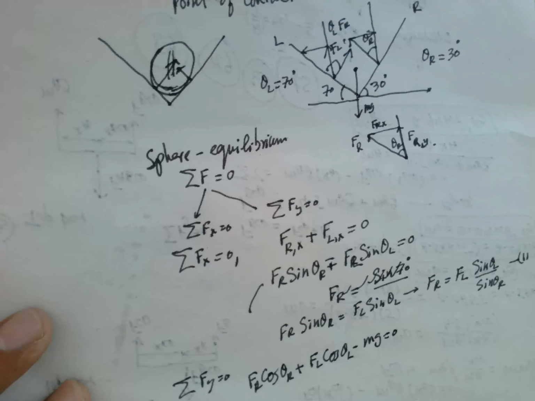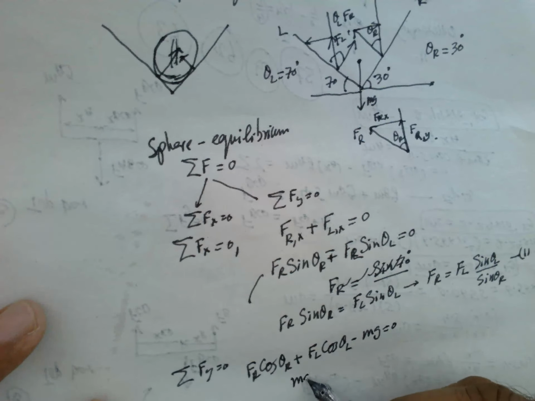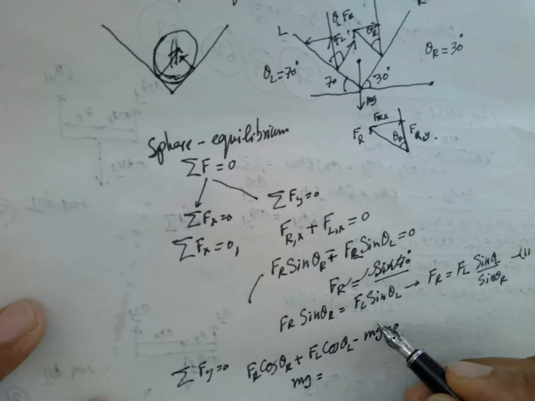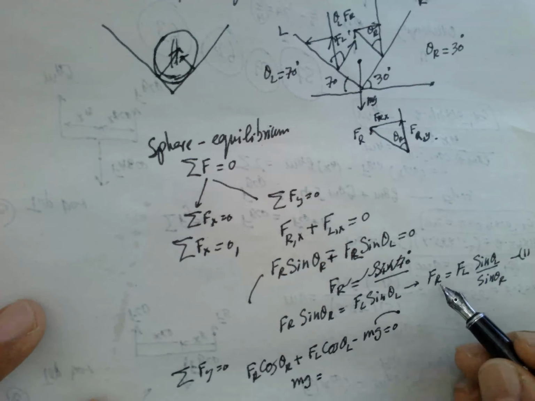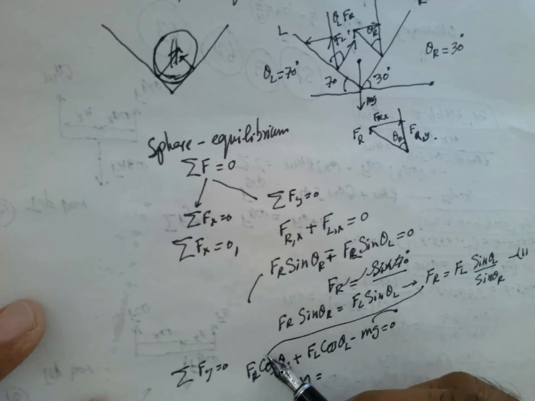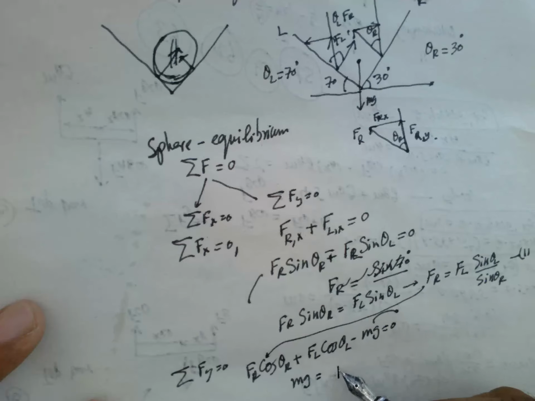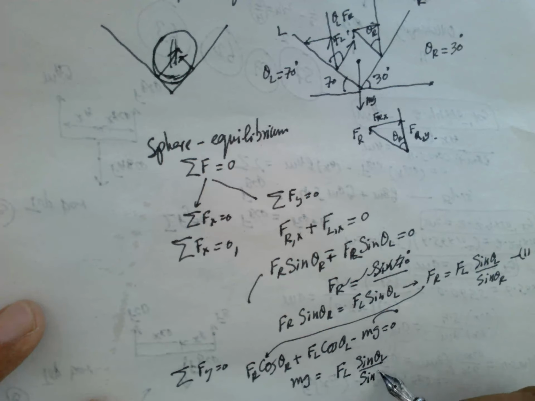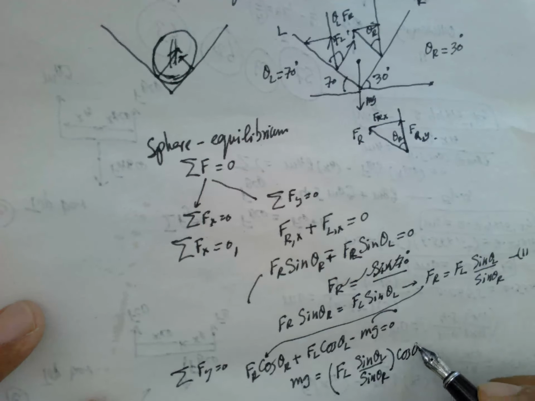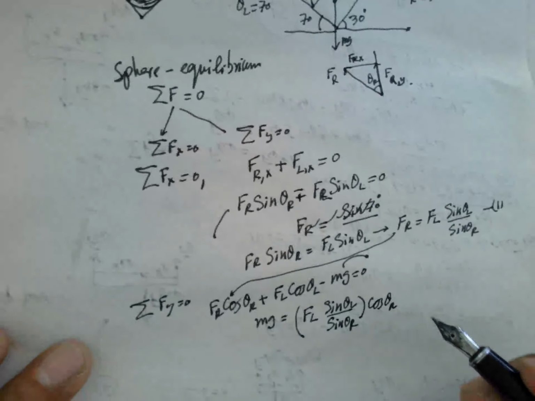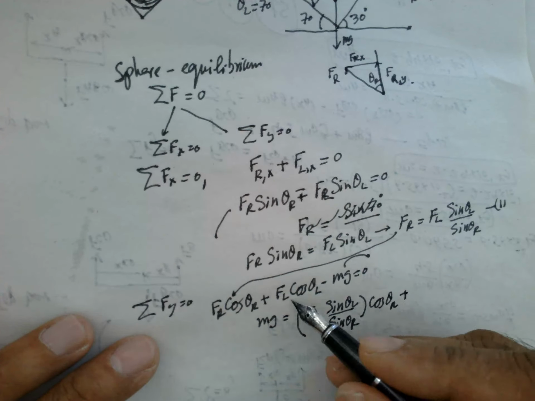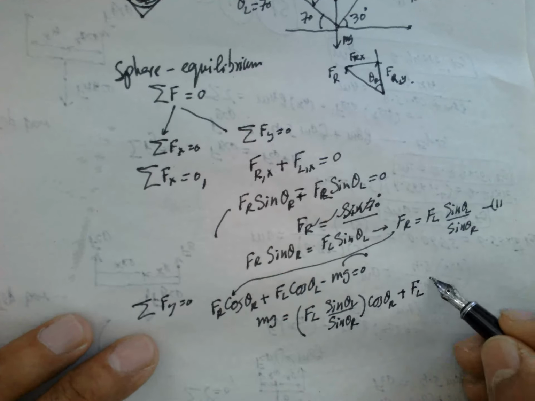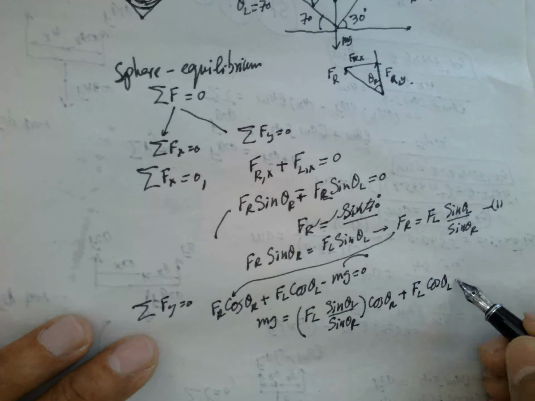So mg is equal to F_R cos theta R plus F_L cos theta L. We substitute F_R from equation 1 here.